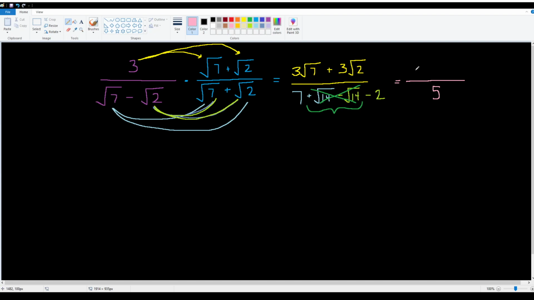In the numerator, none of this can be simplified, so we leave it as 3 radical 7 plus 3 radical 2. And then I look at my smiley face and I say, can I simplify any of those? Well, 3, 3, and 5 do not all have a common factor. So the answer to that question is no. So this right here is going to be my final answer.